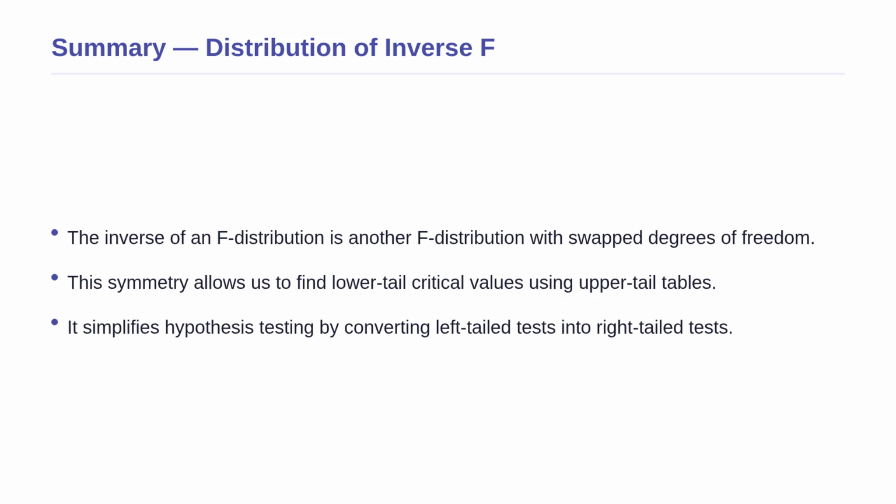Finally, we demonstrated how it simplifies hypothesis testing by letting us convert any left-tailed variance comparison into a standard right-tailed test, saving time and reducing calculation errors. You now have a complete understanding of the distribution of inverse F and how to use it effectively. Great job following along.